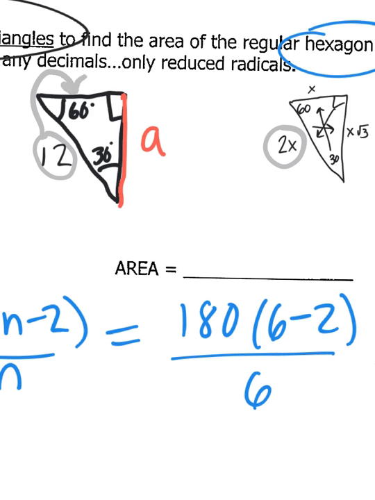To move back to this line, we just need to take 2x to x, so that means divide by 2. 12 divided by 2 will get me the length of this line, so that line must be 6. Then, once I am at x, I can go to this side by multiplying by root 3. So 6 times root 3. That means our apothem must be 6 root 3.